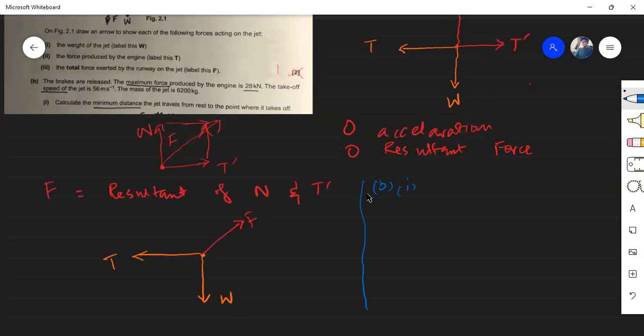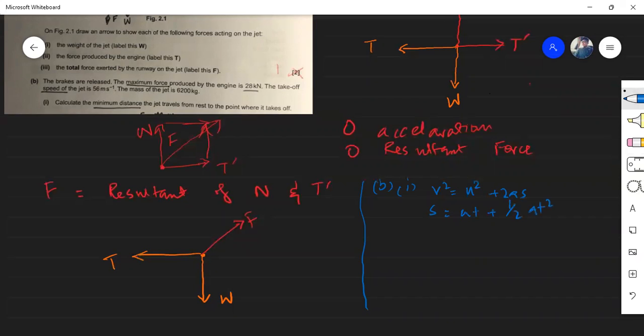The formulas that are mostly used for linear motion are v squared equals u squared plus 2as, and s equals ut plus half at squared.